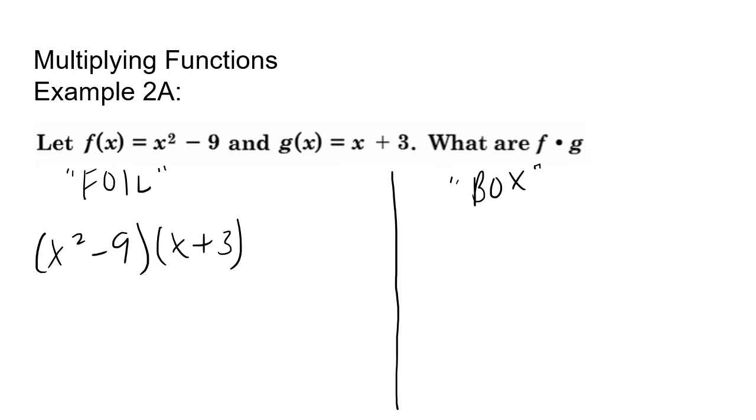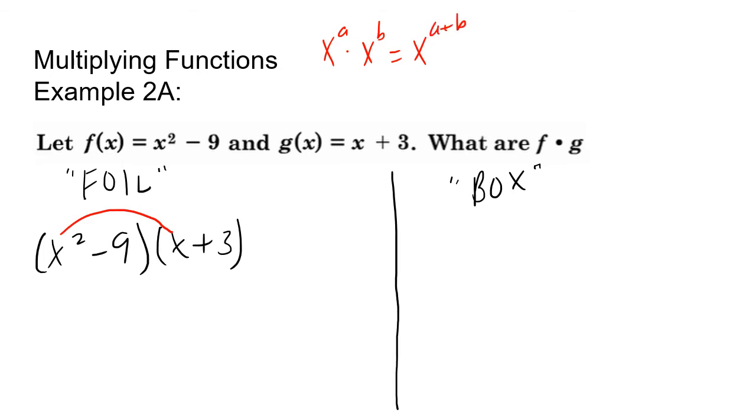Okay, so with FOIL, it's your first term times your first term. And when you multiply, remember, x to the a times x to the b equals x to the a plus b, right?